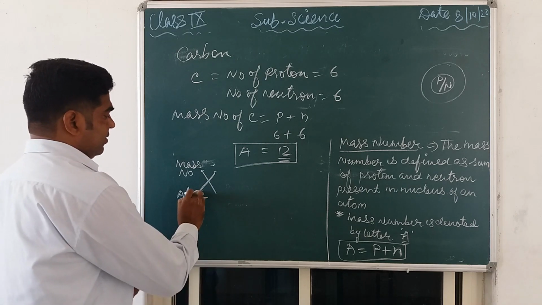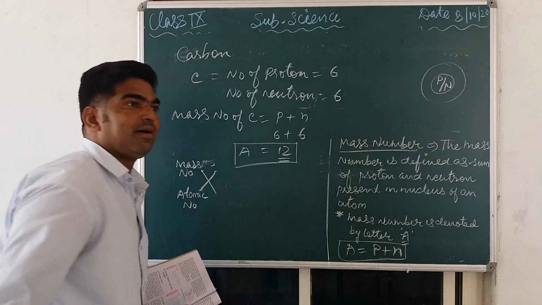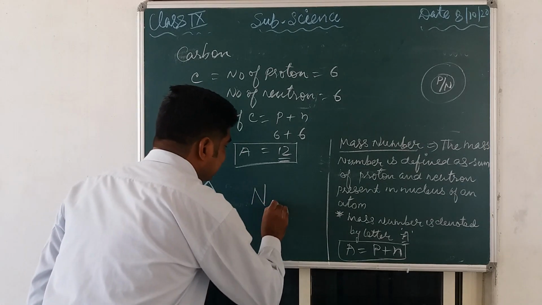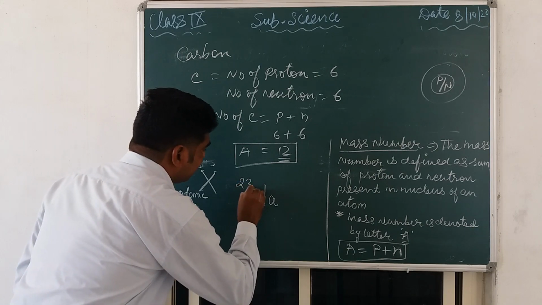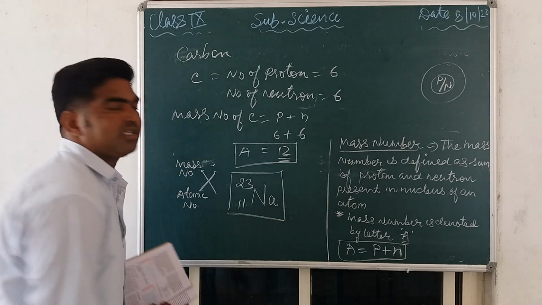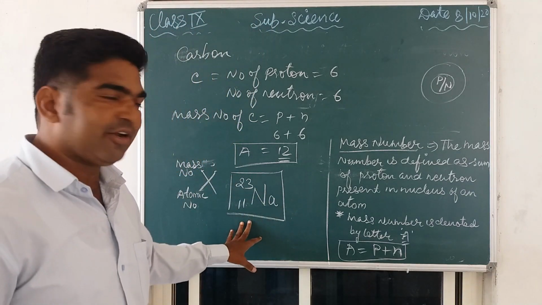For example, take sodium, Na. The atomic number of sodium is 11 and the mass number of sodium is 23. So this is the representation of any element by its mass number and atomic number.